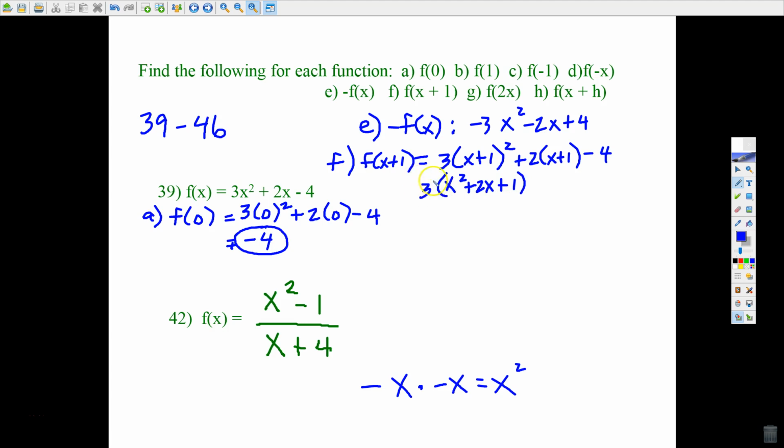And we'll come back in just a minute and distribute the 3. We'll go ahead and distribute the 2 here. And Adam, what is that? Okay, and then minus 4. So when you distribute the 3, 3x squared plus 6x plus 3 plus 2x plus 2 minus 4. So Gage, clean all this up for us. Give us a final answer. Combine like terms.